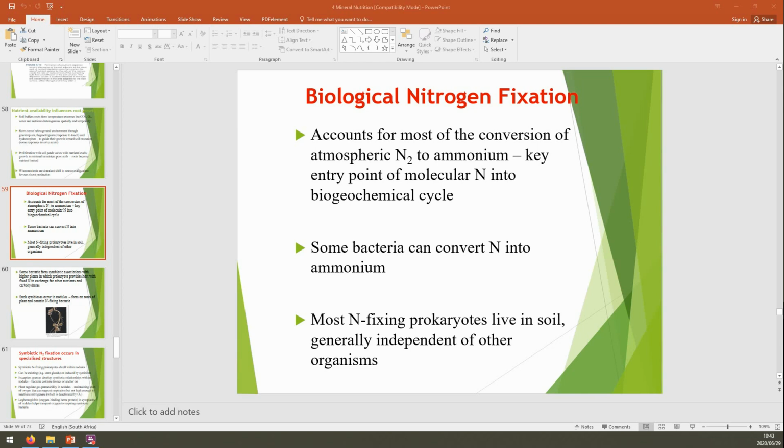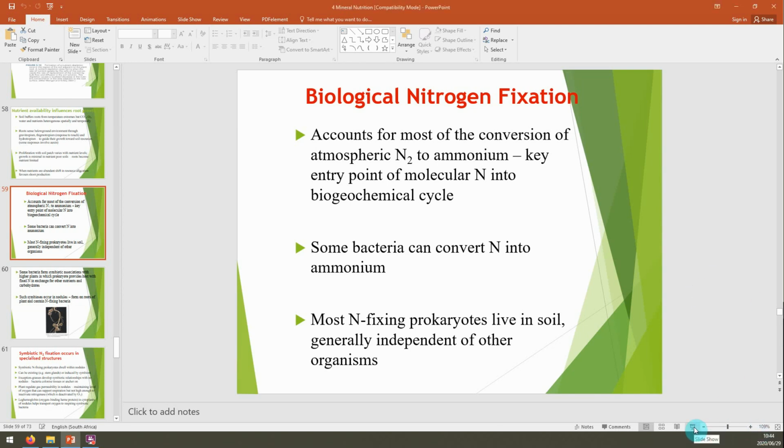And ultimately, we know that very logically speaking, the area where roots are is that area that's going to be depleted of nutrients first. So now this last little bit that we need to talk about is biological nitrogen fixation.